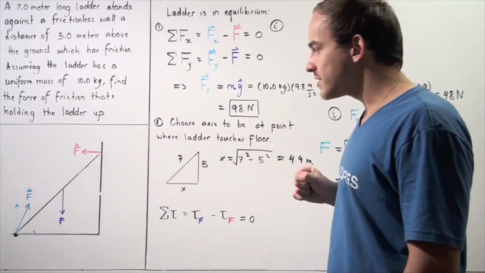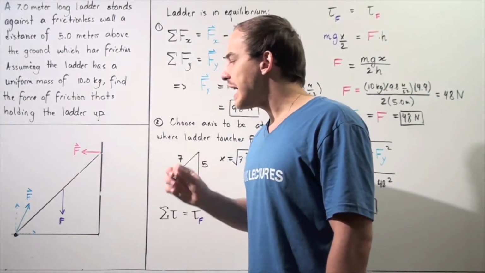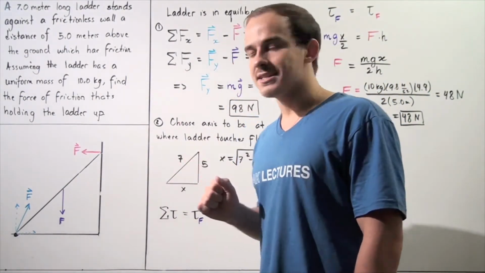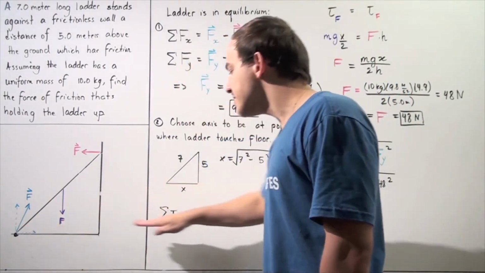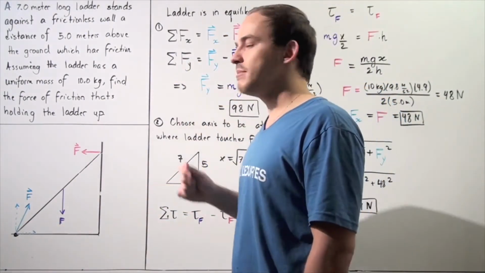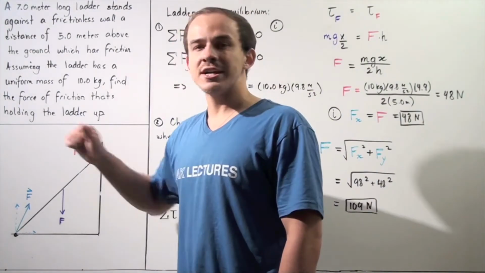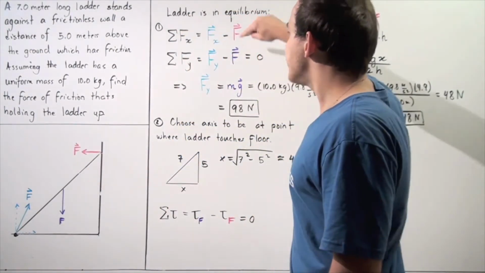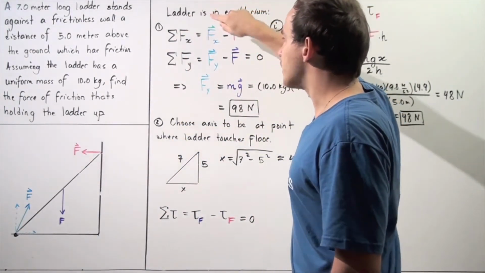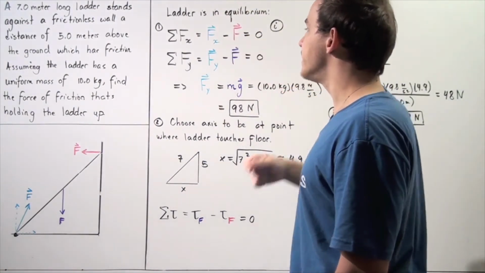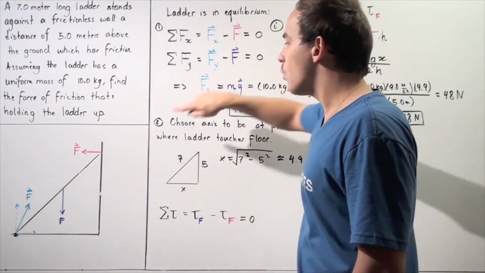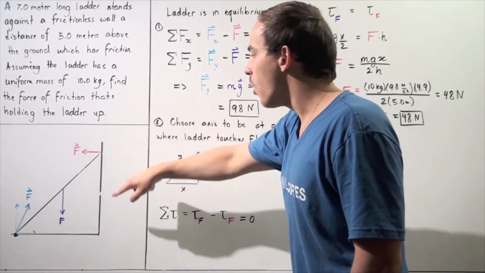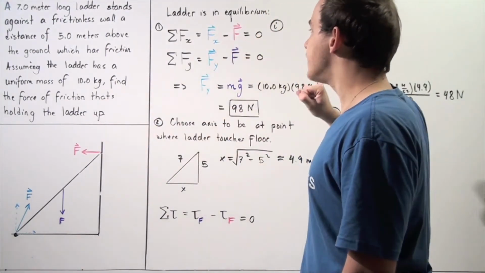So we have 2 forces acting on the ladder that point along the x-axis. So we choose going in this direction along the x-axis to be positive, and in this direction to be negative. So that means our blue force, x component, is positive, and our red force, due to the wall acting on the ladder, is negative.